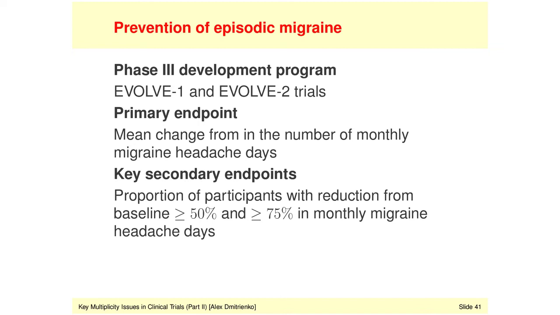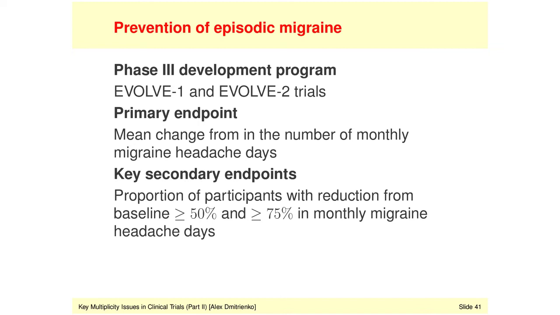Here is a quick example based on a phase 3 development program in patients who experienced episodic migraine. The trials that were included in this development program are known as the EVOLVE-1 and EVOLVE-2 trials.